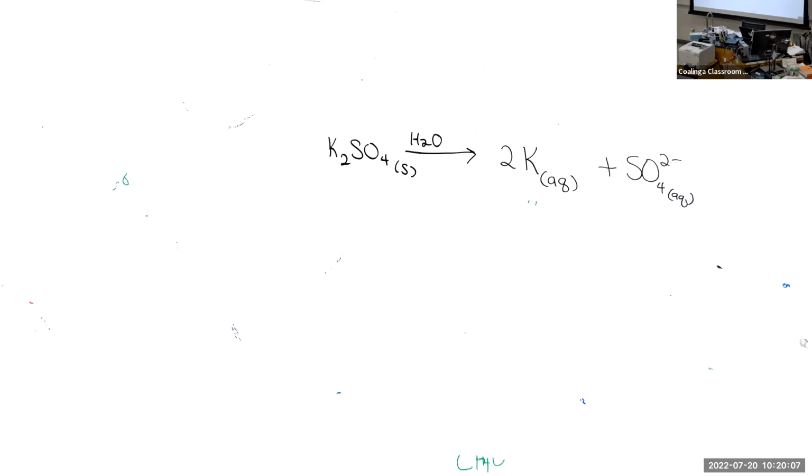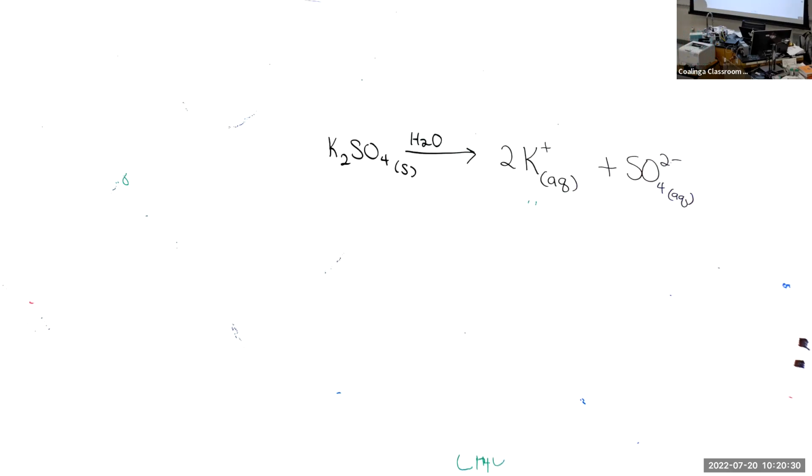You ever seen the positive charge on the K? It's a positive, but you have to put the charge, because it's broken up into ions, right? When we put it in water, it splits up, it dissolves, so it's ionic. But when it's a solid, it's together, so it neutralizes its charge.